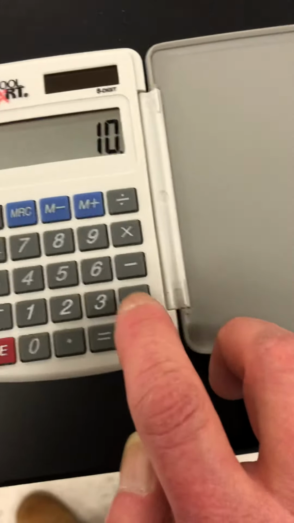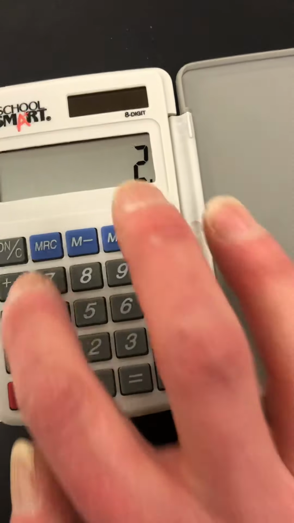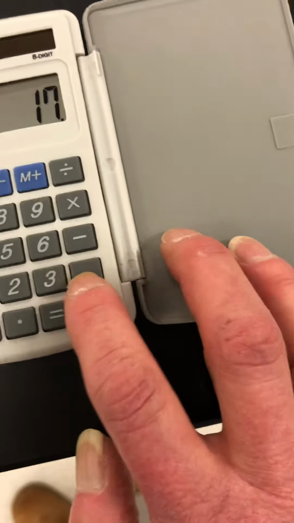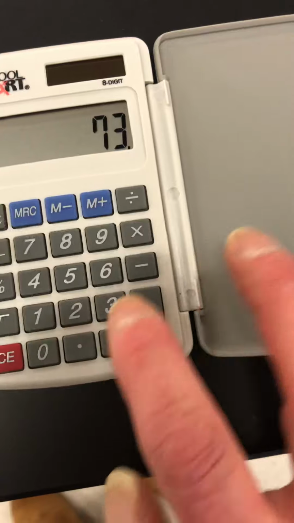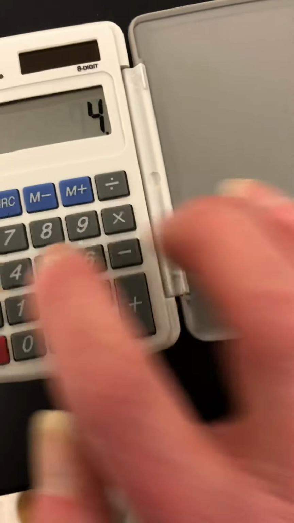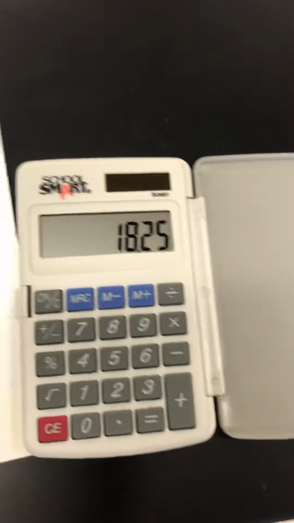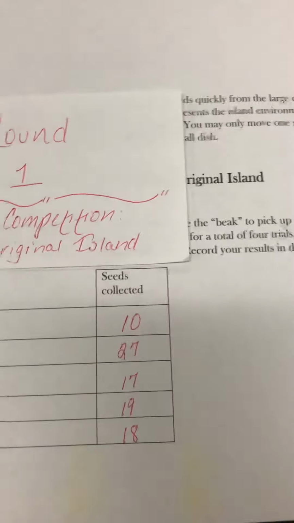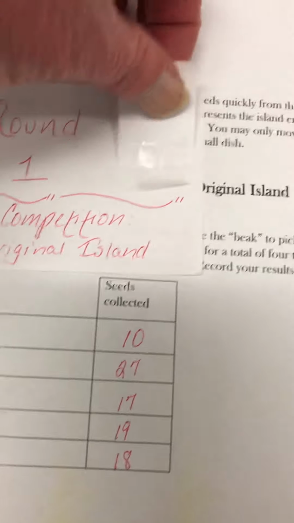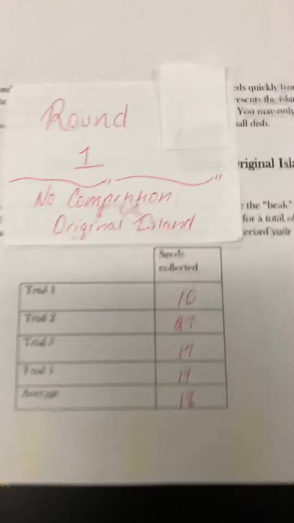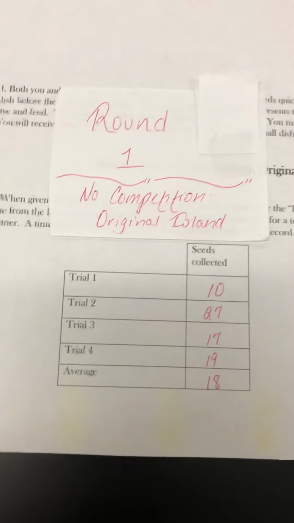So 10 plus 27 plus 17 plus 19 equals, divided by 4, equals 18.25. When you round that, it's 18. Okay? So there's your first data table for no competition.